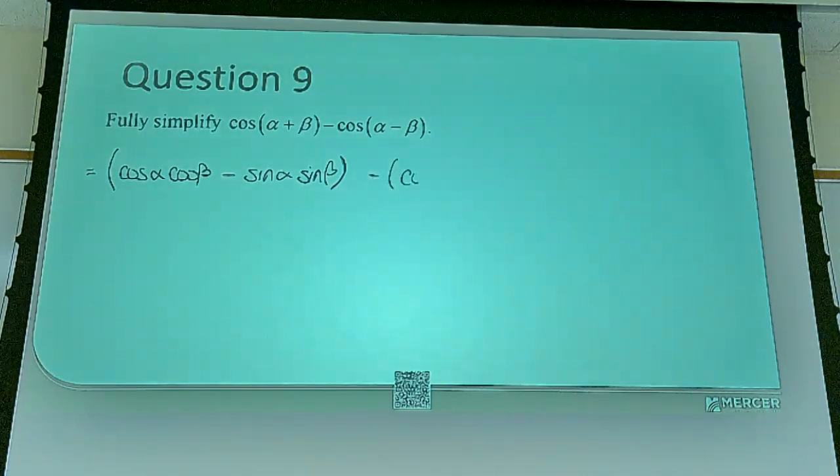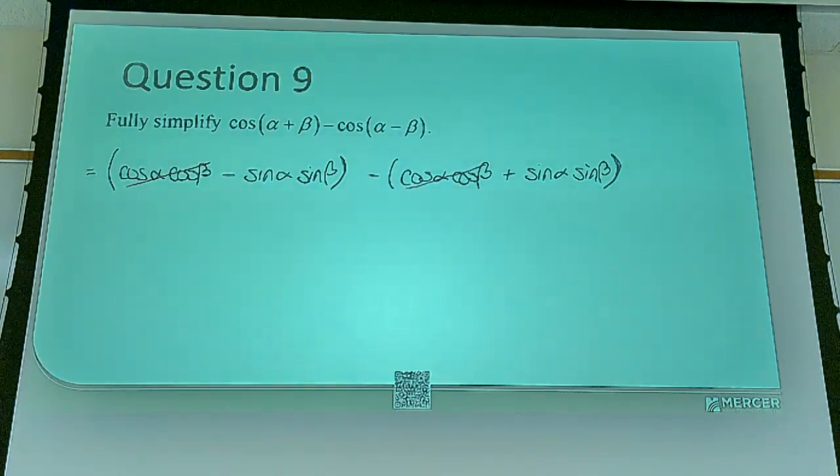Then the difference identity. Again, cosine alpha, cosine beta minus cosine alpha, cosine beta.